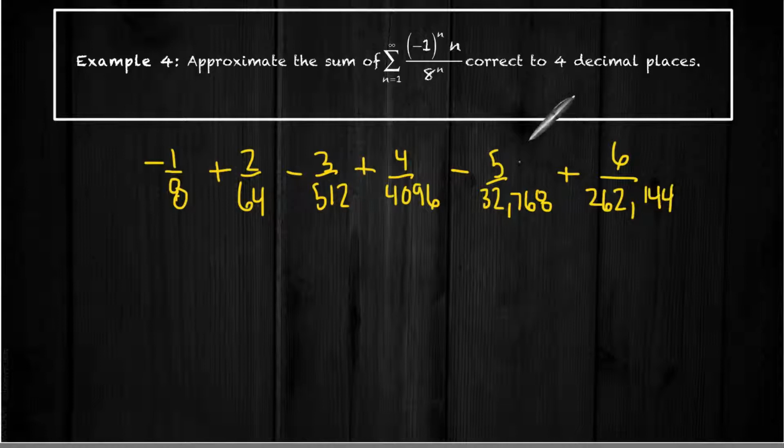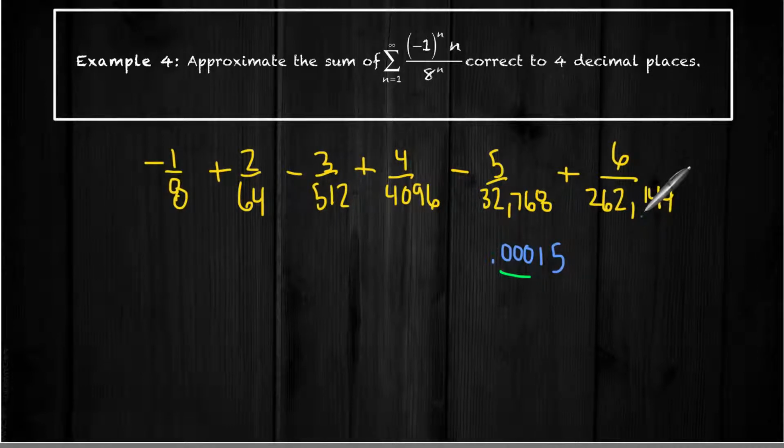Now, once you start getting to a term that you think may be correct, just use your calculator and divide it. And you notice here that 5 over 32,768 is 0.00015. Well, if you notice, that only has 3 decimal places of accuracy. So we need to go one more step further.